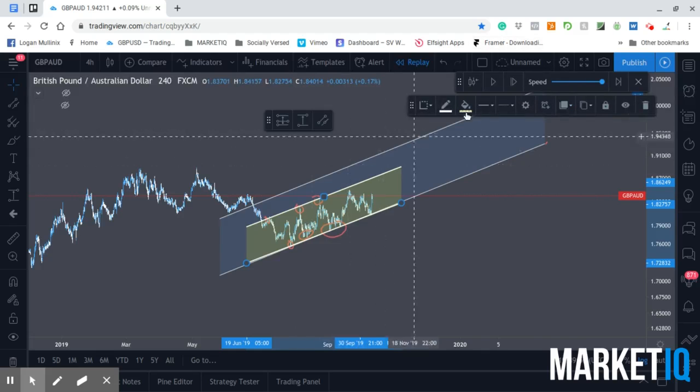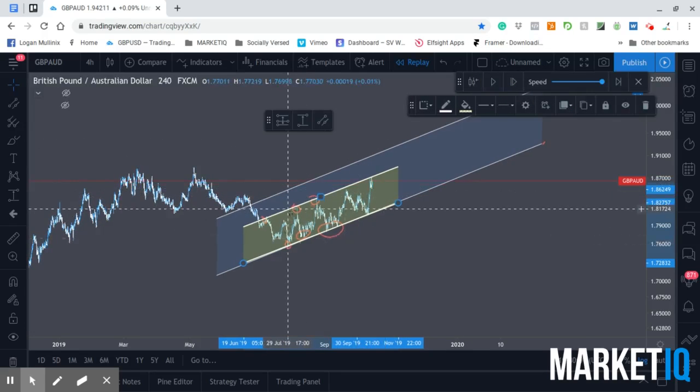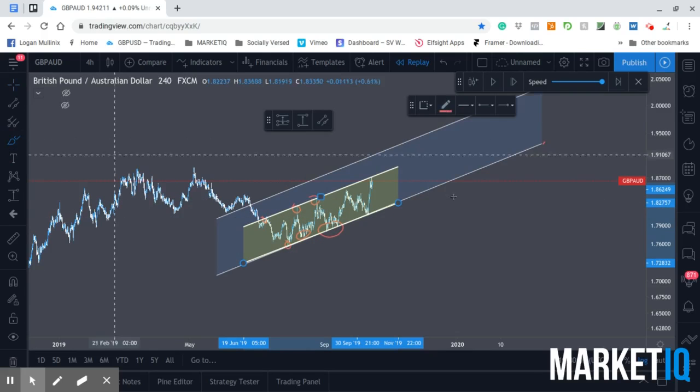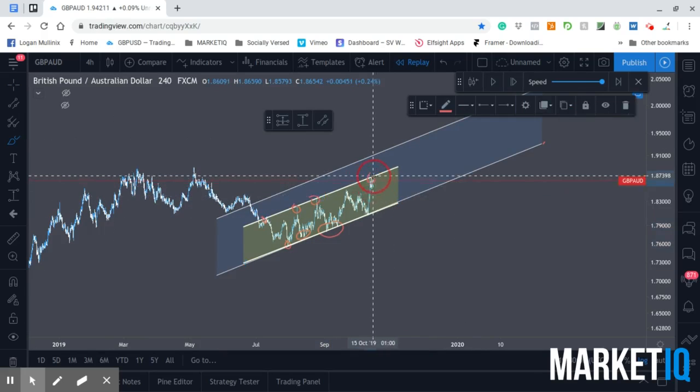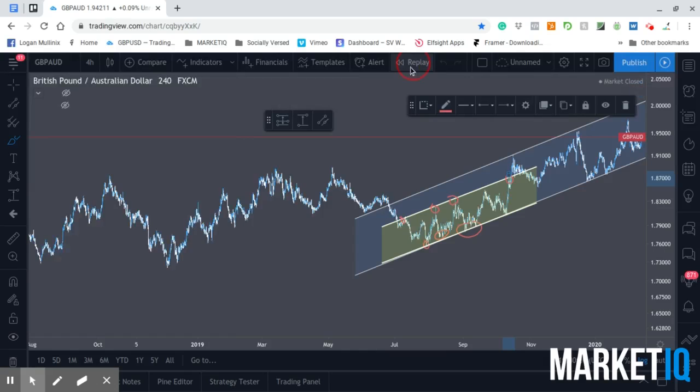So continuing the replay, as we know, when it reaches the top of the channel, that shows us that it's going to sell. Just looking at it right here, if I move the price back just a little bit, let's look at the replay again real quick.